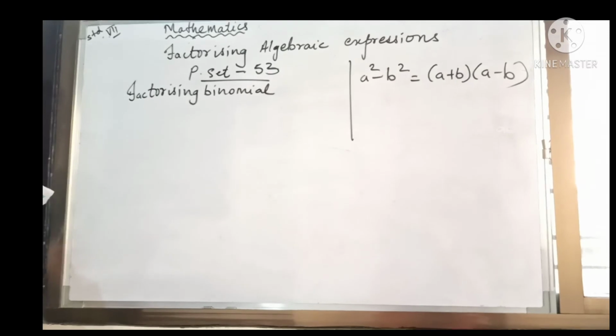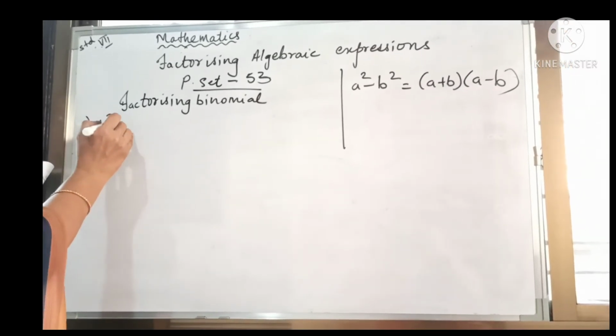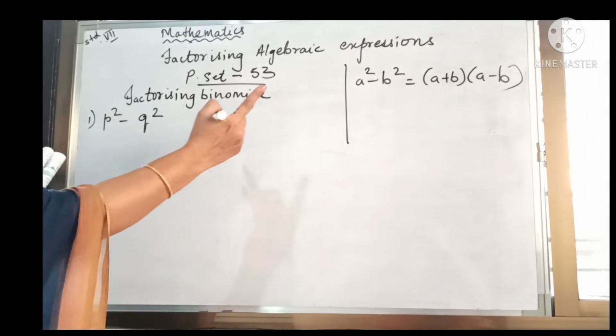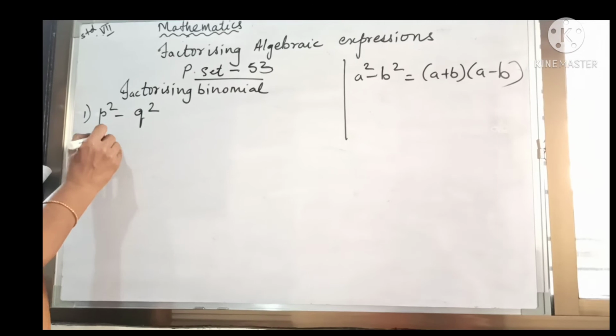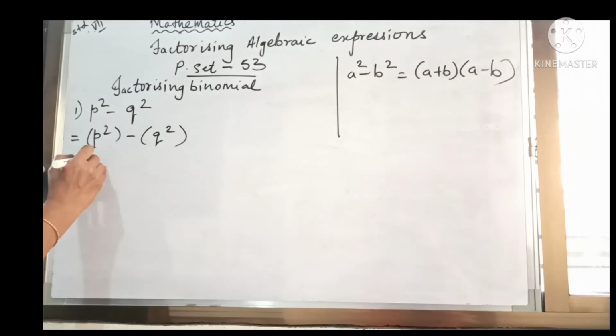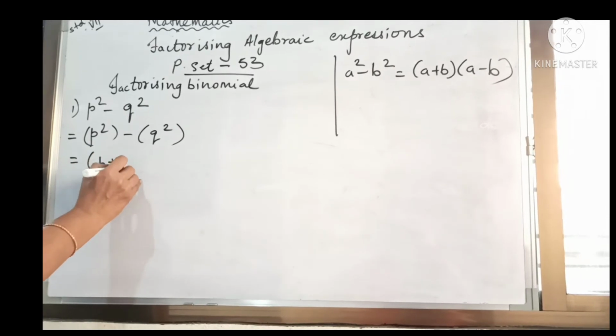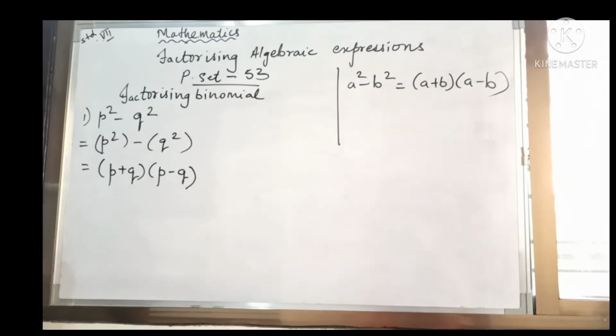So the first example, factorization of p square minus q square. So we will write in that form. So the factors are p plus q in one bracket and p minus q in the other bracket.